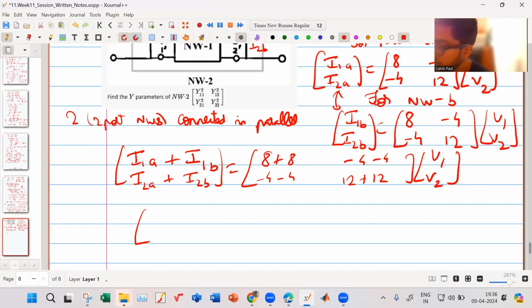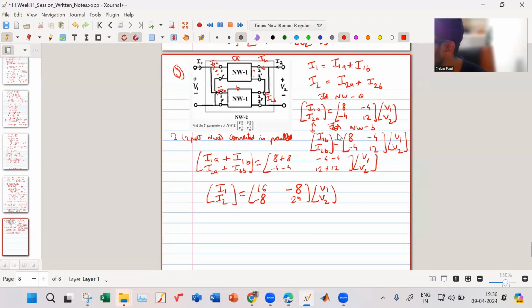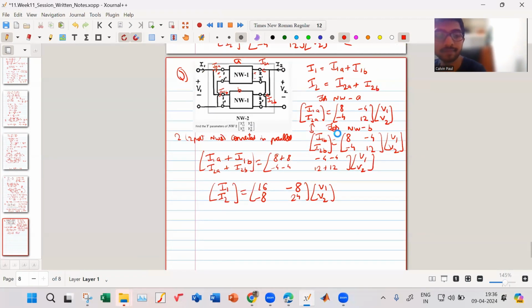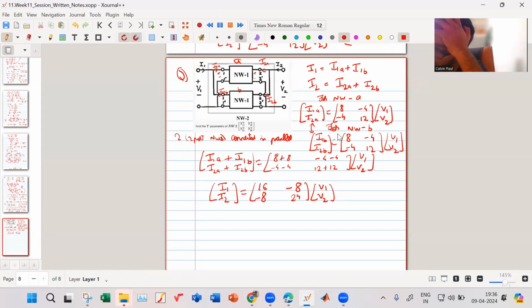This is my I1, this is my I2. It is equal to 16, minus 8, minus 8, 24, 24, V1, V2. Okay. So you have solved the sum now. Done.